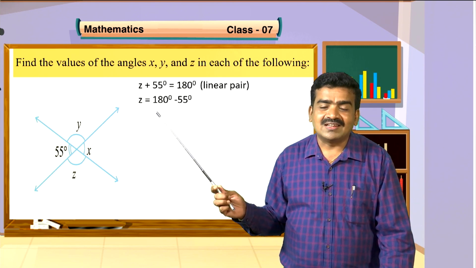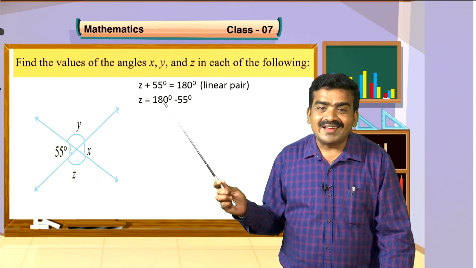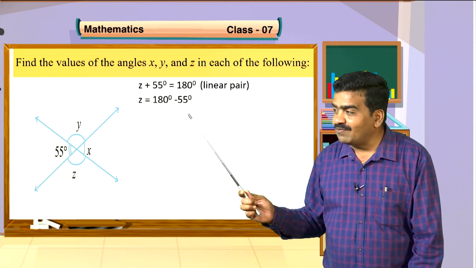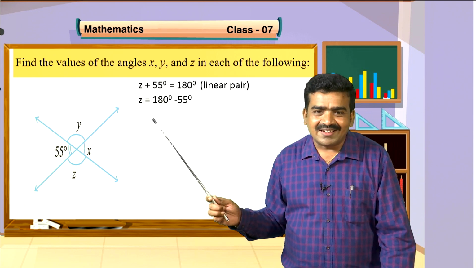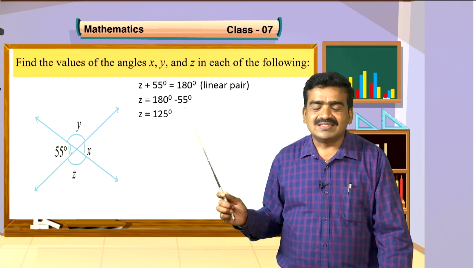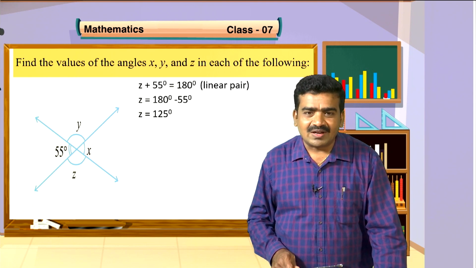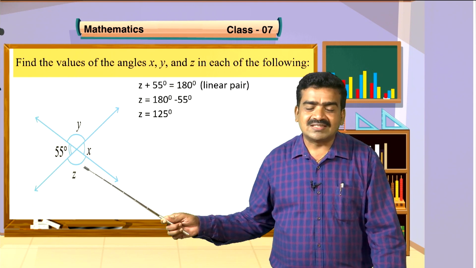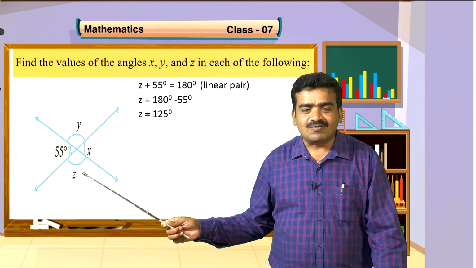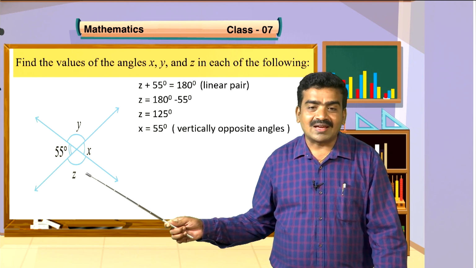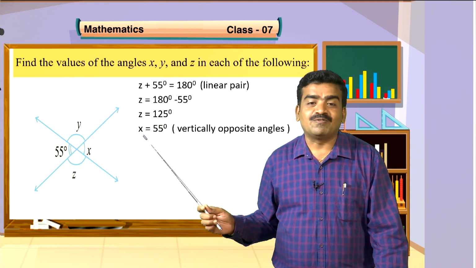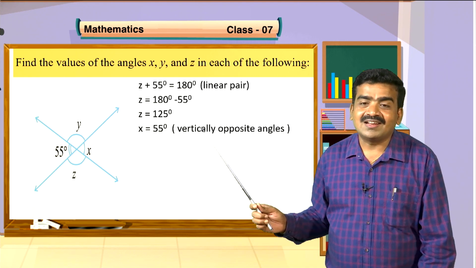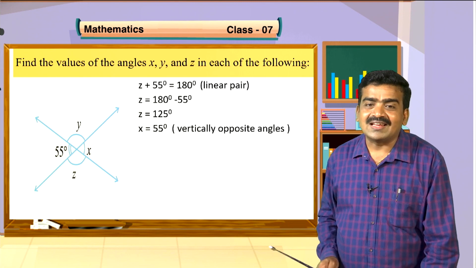Then z is equal to 180 degrees minus 55 degrees. Subtract 55 degrees from 180 degrees, what will you get? Yes, you will get 125 degrees. Then what does z measure? 125 degrees. Now, what do we have to calculate next? Angle x. So, here x measures 55 degrees because they are vertically opposite angles.